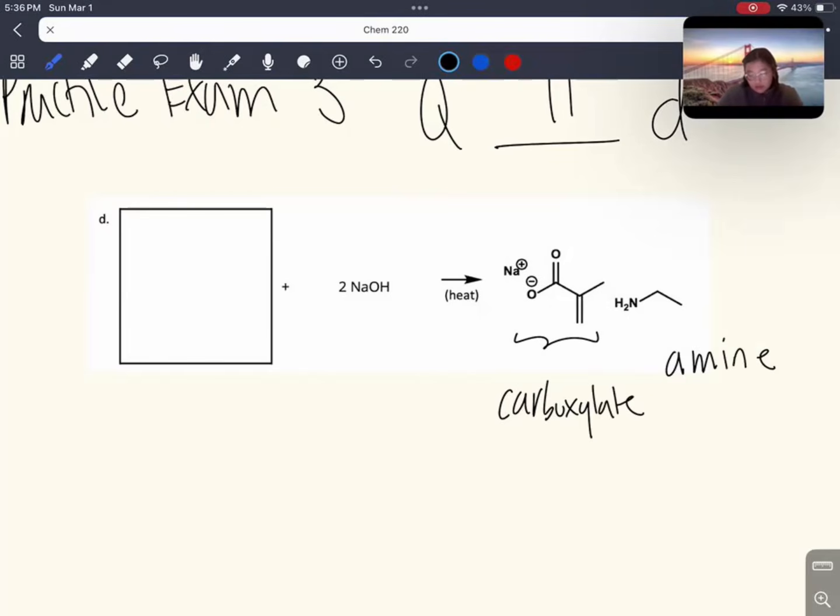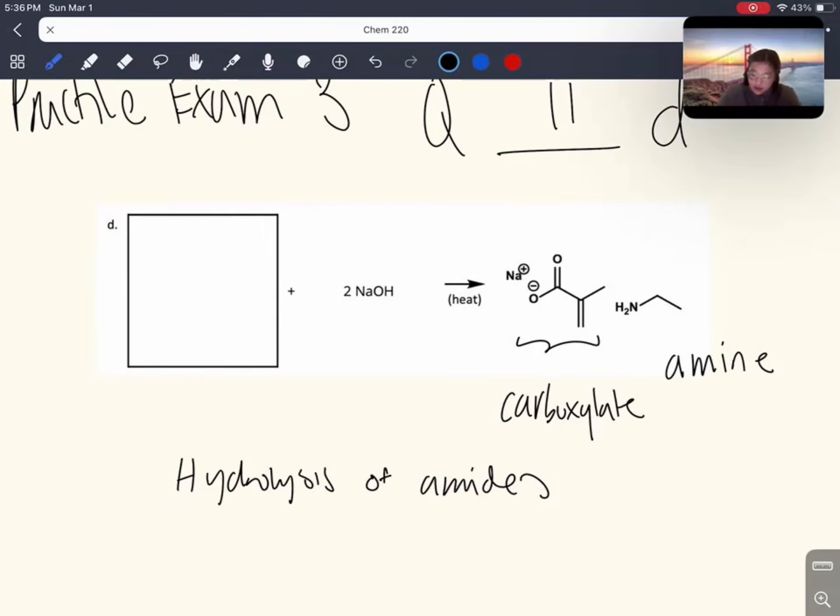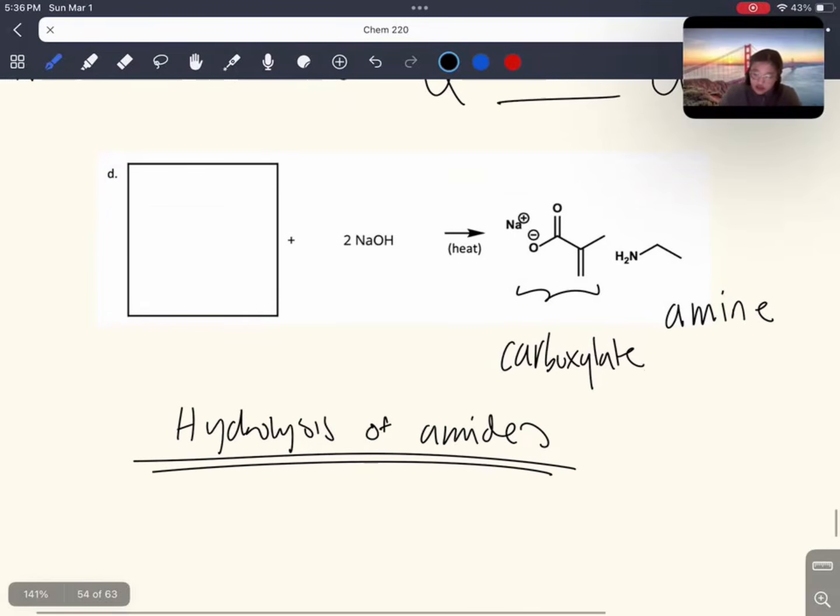And so I can see that some sort of breaking apart happened. And so now I'm trying to think, okay, what reactions do I know that form a carboxylate ion and an amine? A reaction that you might have learned is hydrolysis of amides. In this case, since we have NaOH, we remember that NaOH dissociates into Na plus and OH minus.